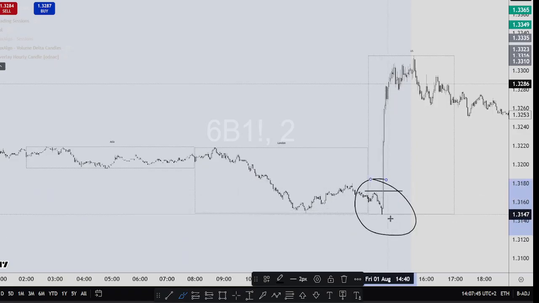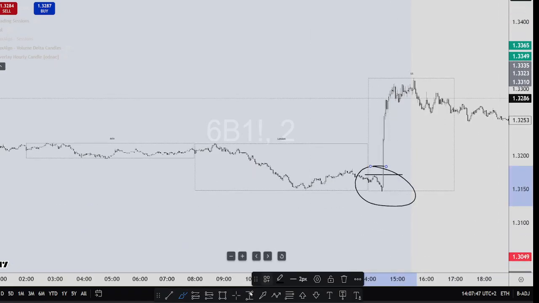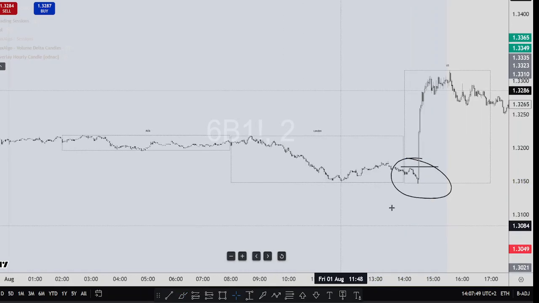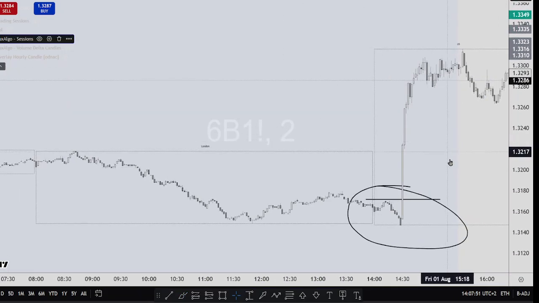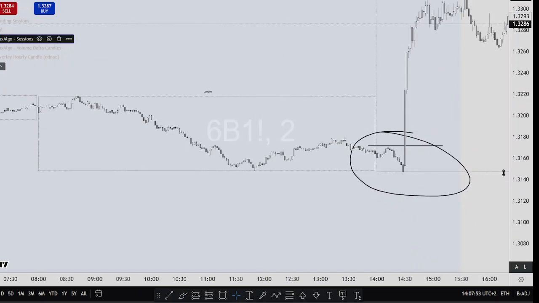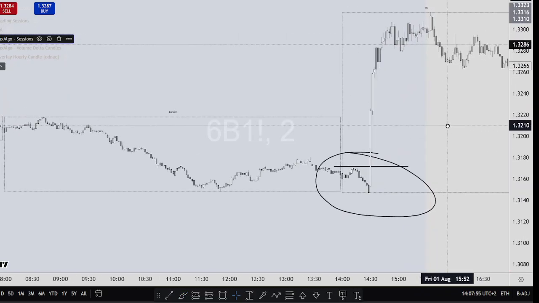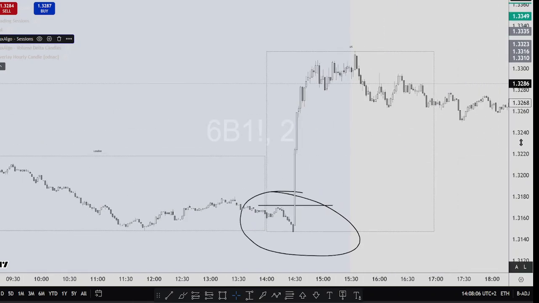Now, this reaction was off news. I know that. I was not present in the market to trade this, and I wouldn't be able to regardless. But the theory is, so touch, we change, we go to the other side. In this case, we went even further.